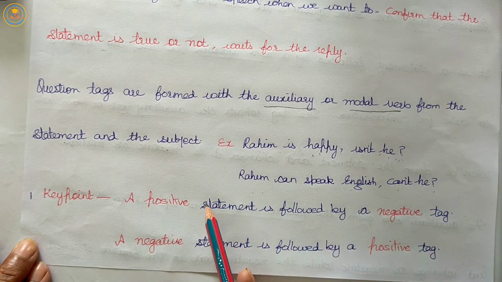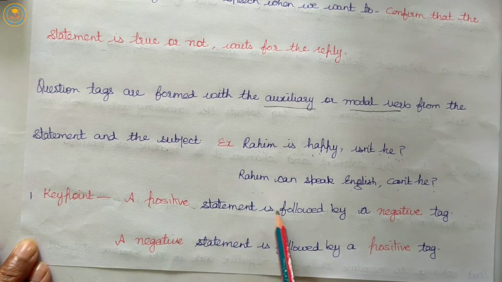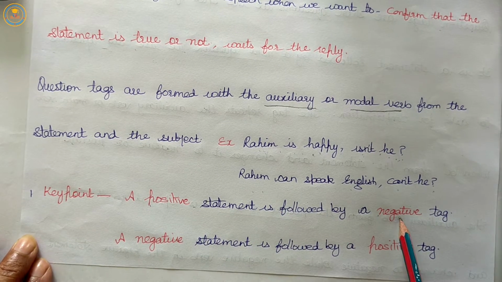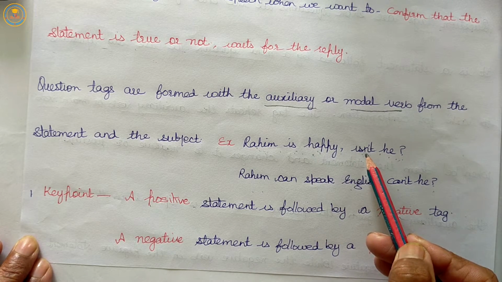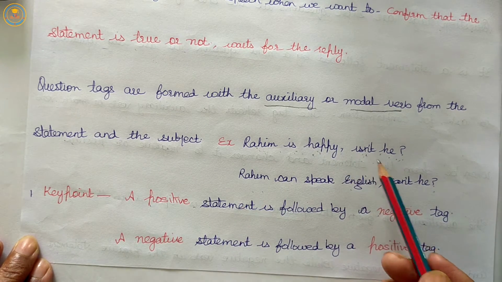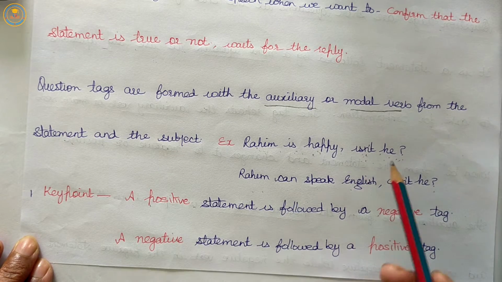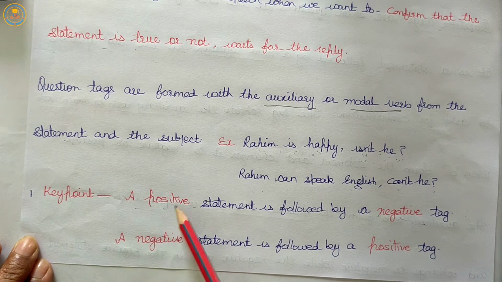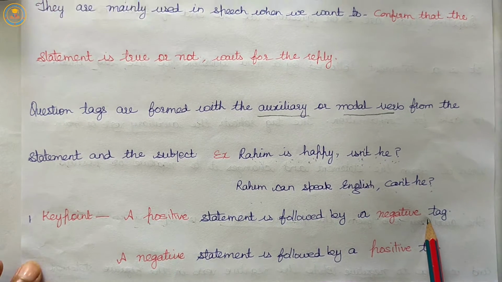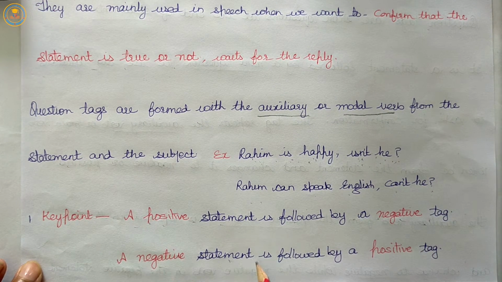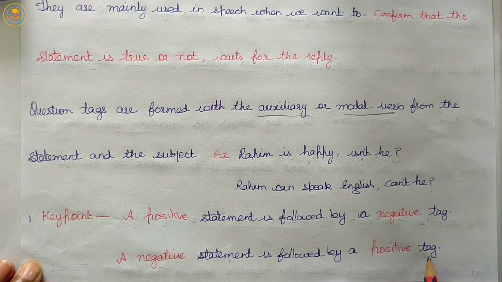The main thing is, a positive statement is followed by a negative tag. Here, Rahim is happy. This is positive, and the question tag is in negative. A positive statement is followed by a negative tag. A negative statement is followed by a positive tag.